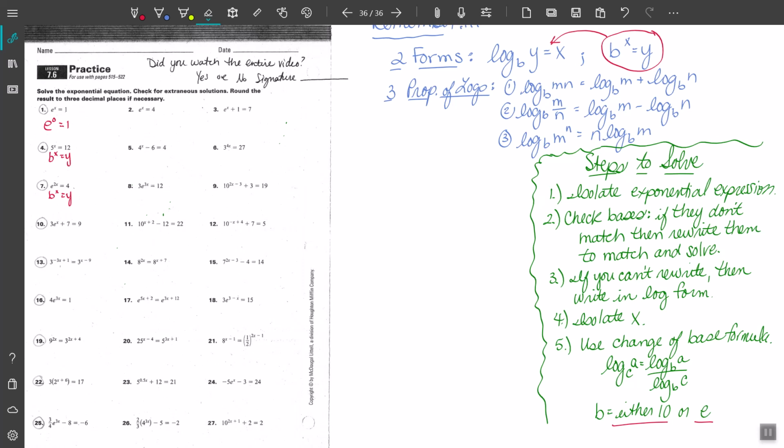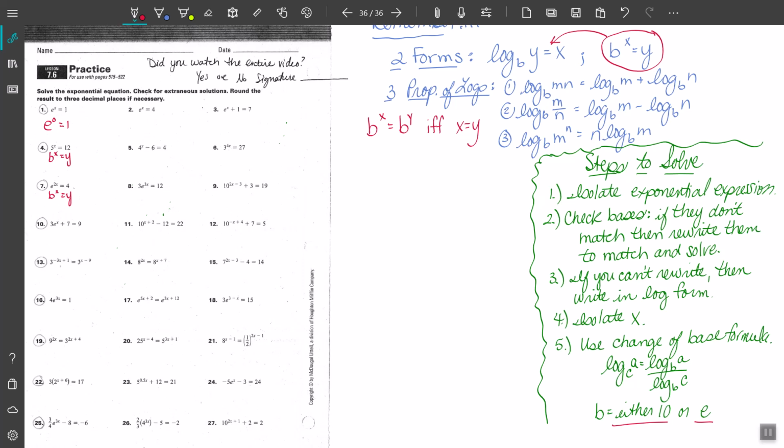The property looks like this: b to the x equals b to the y if and only if x equals y. So number 13 falls into this pattern right here.